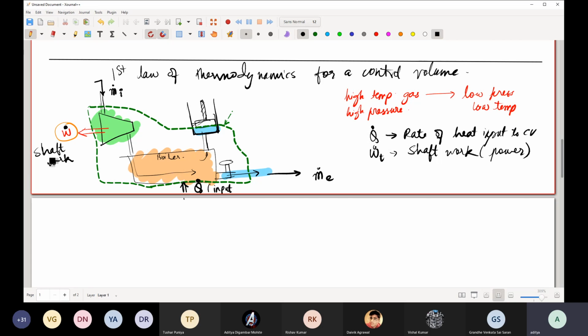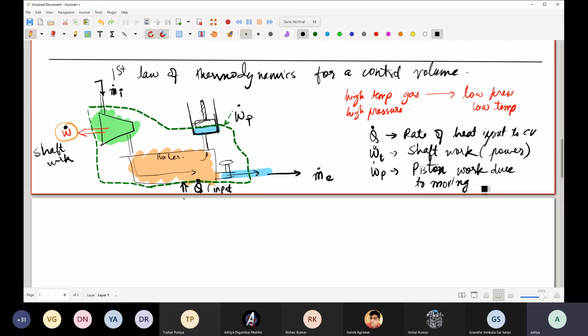That is why it is called shaft work. Apart from this, any other works being done by the control volume? The piston. We will write this as W dot P, the piston work due to moving boundary. And we have done this in the previous chapter.